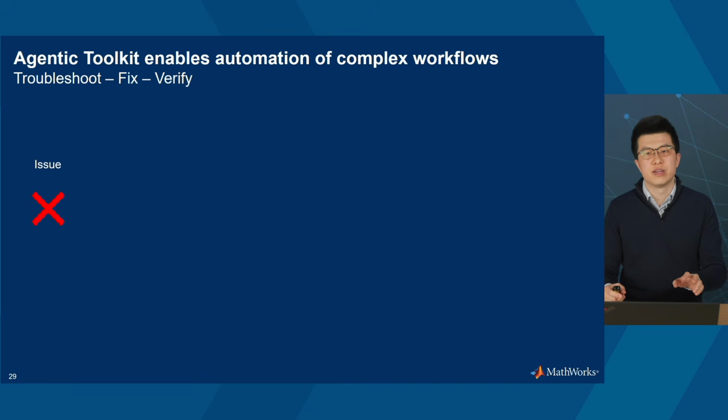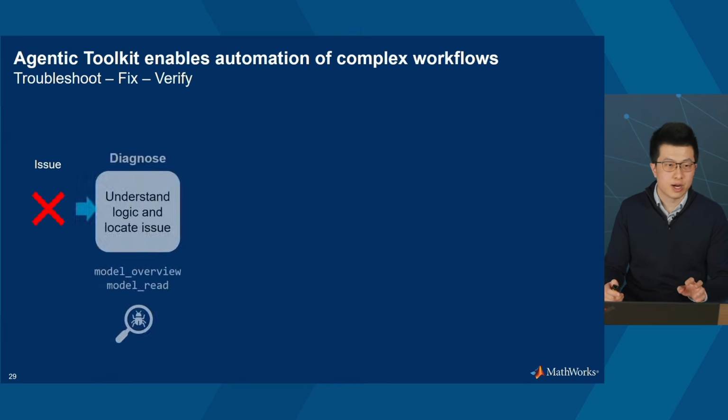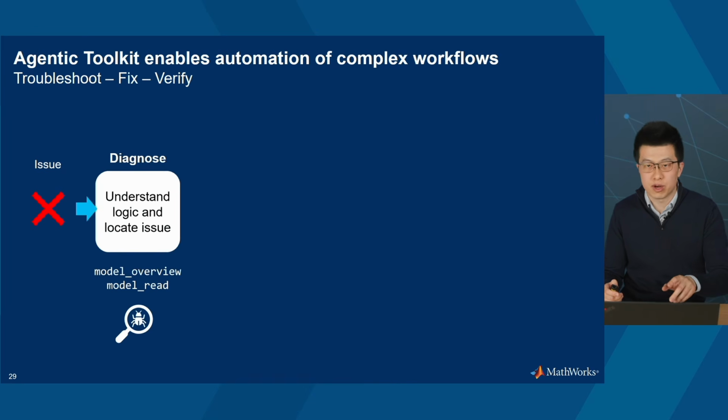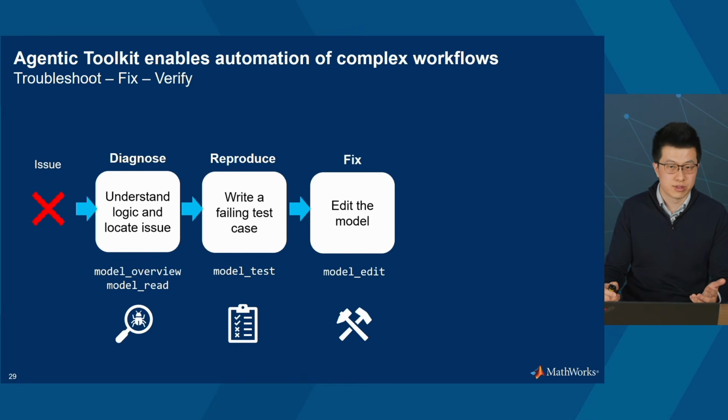An important use case that the agentic capabilities truly unlock is the automation of the troubleshoot, fix, and verify loop. So here's how it works. When an issue is identified, the agent helps diagnose the issue by looking into the model with calls to model overview and model read. And then it will author the appropriate test, whether that's creating a test harness, defining test cases, or just in general setting up the verification infrastructure. And once these tests are in place, the agent runs the test and analyzes the results.